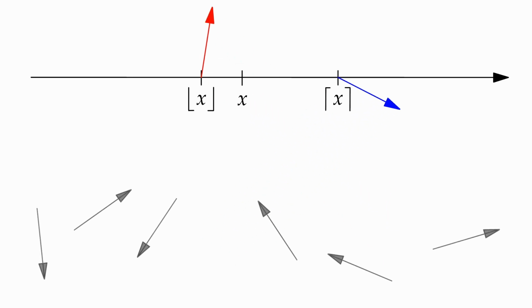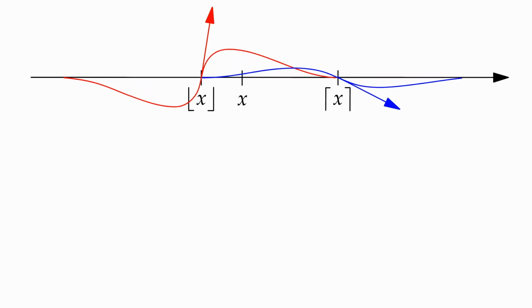Using these two vectors we can construct a linear function whose slope is given by this vector. So at the floor of x and at the ceiling of x, we take the linear function that passes through 0 at this integer, whose slope is given by this selected vector, and we multiply this function by the smooth step that we have already encountered.